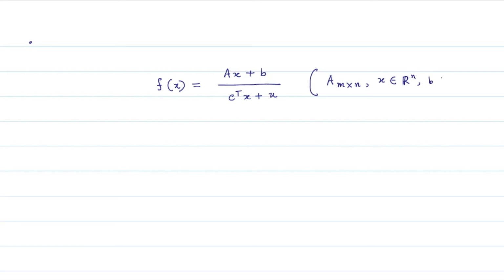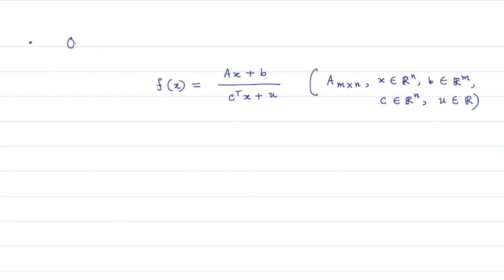By a linear fractional map, we mean an expression of the type f(x) is equal to ratio of two expressions, those are an affine map Ax plus b and a scalar c transpose x plus u, where here I consider A to be a matrix of order m by n, x is a variable in the n-dimensional Euclidean space, b is a vector in the m-dimensional Euclidean space, c is a given constant vector in the n-dimensional Euclidean space, and u is a real number.